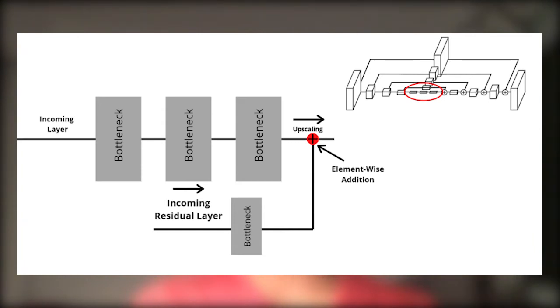After this stage, we start upscaling. We combine the spatial information with our feature maps to upscale the feature map. As you can see, the plus just means element-wise addition. We add all the elements in the layer containing the high spatial information with the layer containing the high feature information.